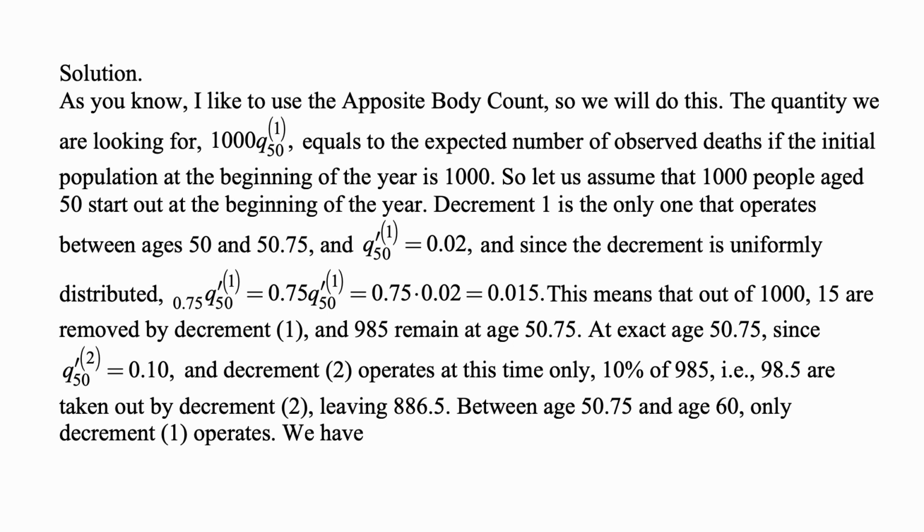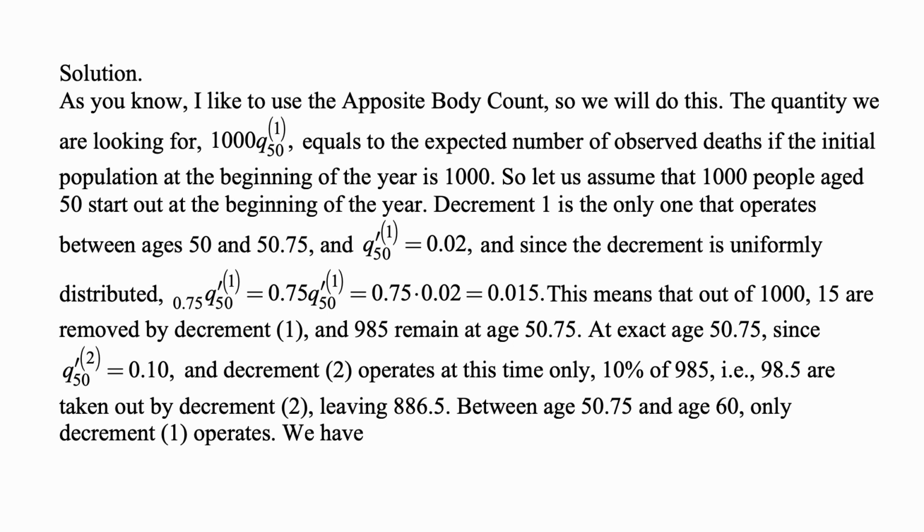But because we multiply by 1,000, it's effectively like saying 1,000 people start out, how many of them are observed during the year to have died from cause 1 or have been removed from the population. Okay, so let's just count the dead bodies. Let's assume that's what I call the apposite body count. Apposite means precise. It's like what an actuary is supposed to be. So you're supposed to be apposite.